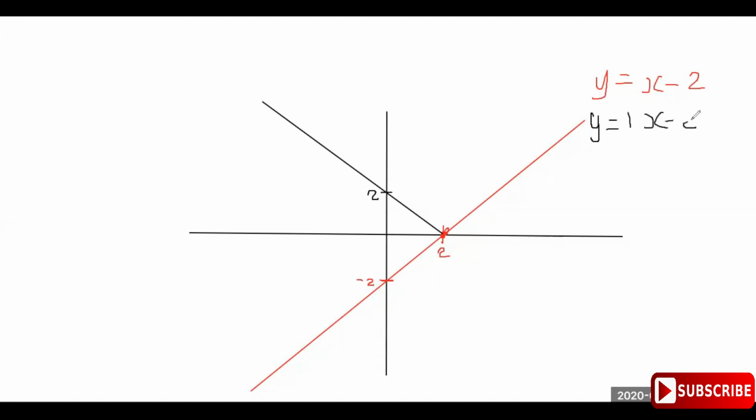However, this was not what the question wanted. The question wanted y equal to the modulus of x minus 2 plus 1. So we need to add 1 to it. Put the 1 in blue, plus 1. So if we add 1 to it, that means we're just going to push up the graph by 1. So therefore, instead of this point being right here, it's going to be pushed up by 1. Let that point be 1. Yes, so now it's going to pass through 3.